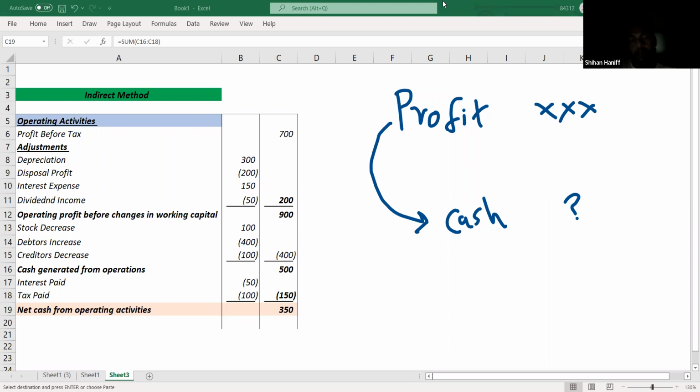Payables, prepayments, receivables, received in advance are thus adjusted in the profit and loss account. So it has cash and non-cash items. So first, from this profit, we have to exclude the non-cash items to convert the profit into cash.